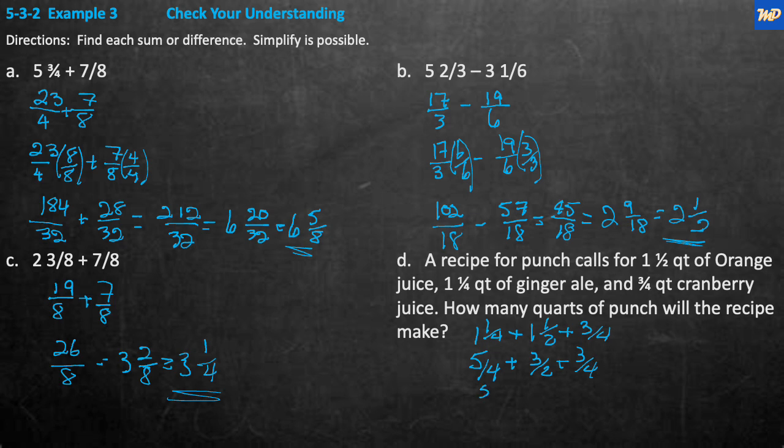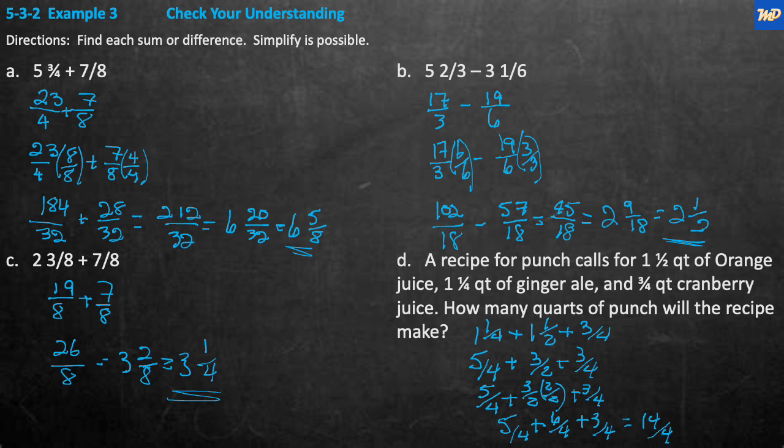So it'll be 5/4 plus 3/2 times 2 over 2 plus 3/4, and that equals 5/4 plus 6/4 plus 3/4, and that equals 5 and 6 is 11, and 3 is 14, so 14/4.